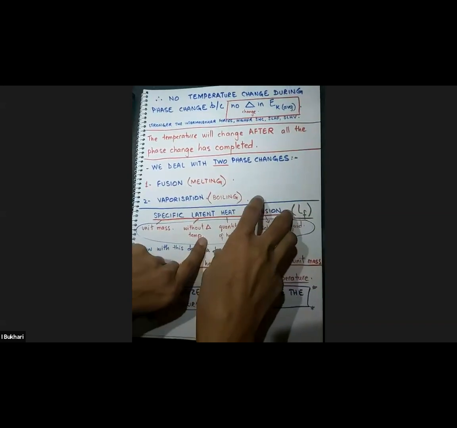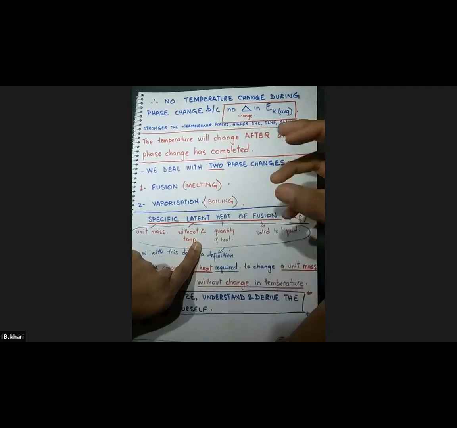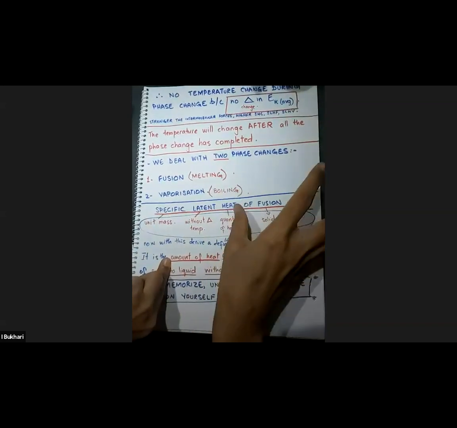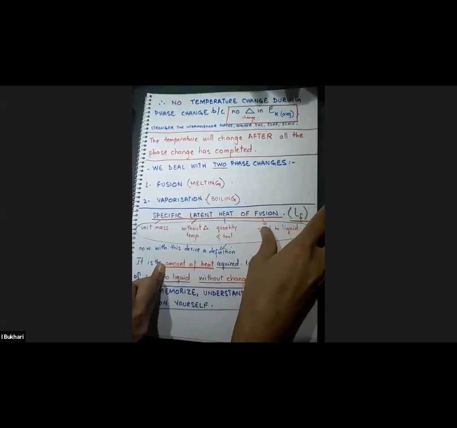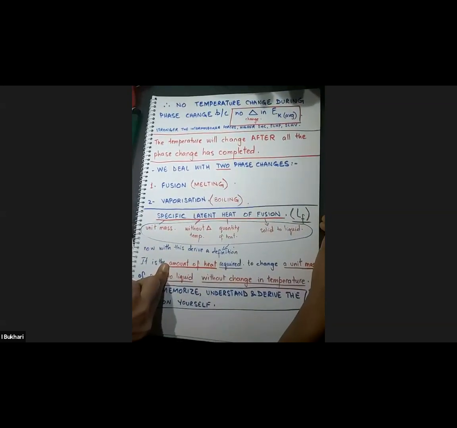Then if you continue providing energy, the temperature will start rising, right? So the rise in temperature would suggest that now the whole substance has melted and the temperature has started rising again, because now the whole thing is water, okay?